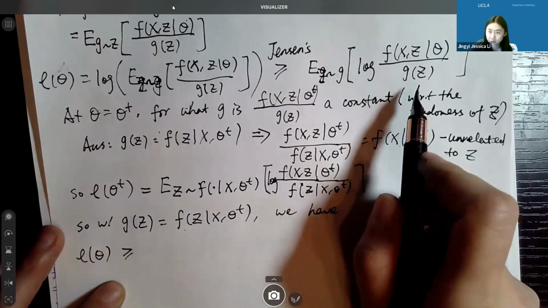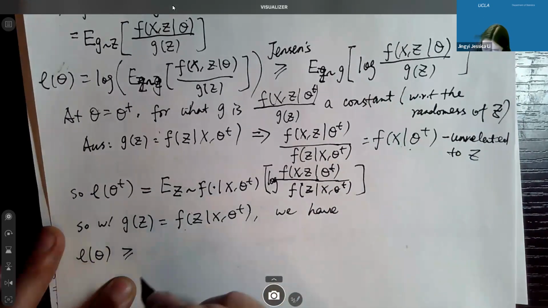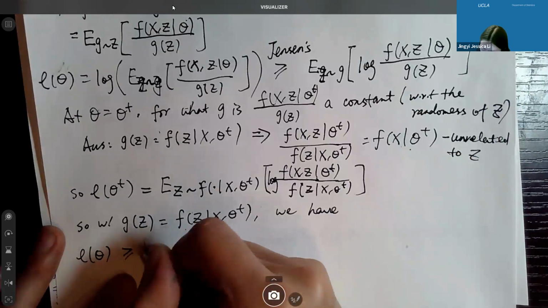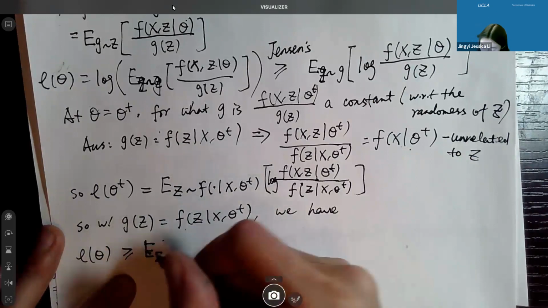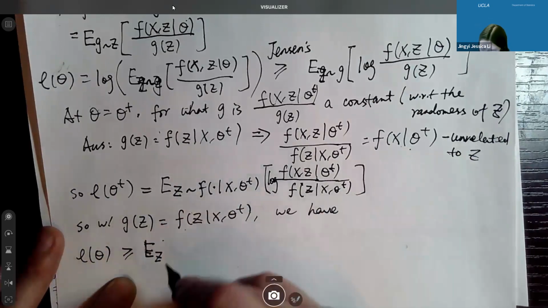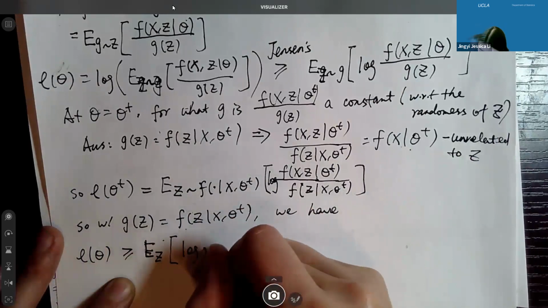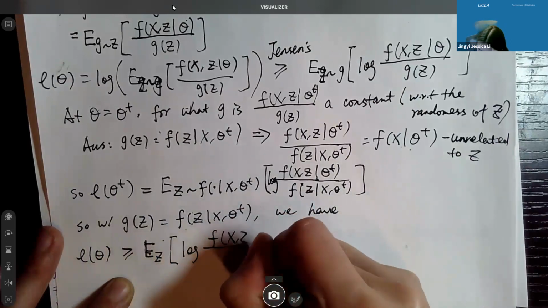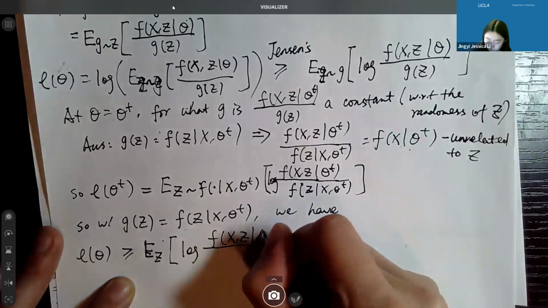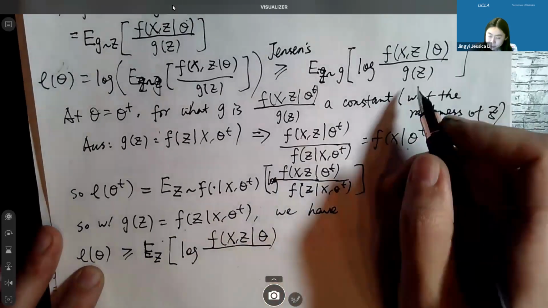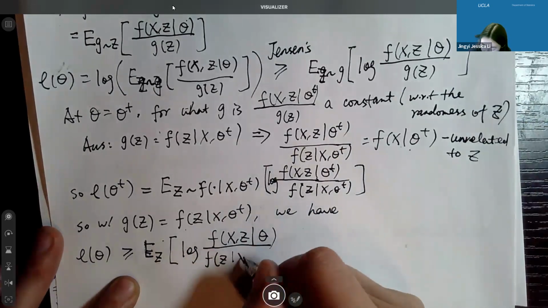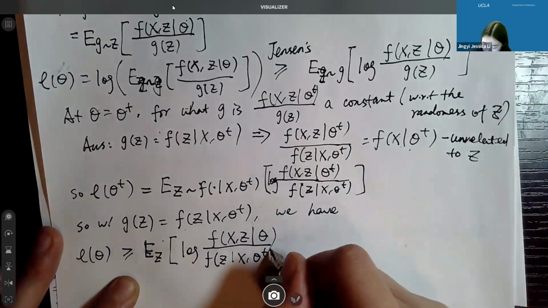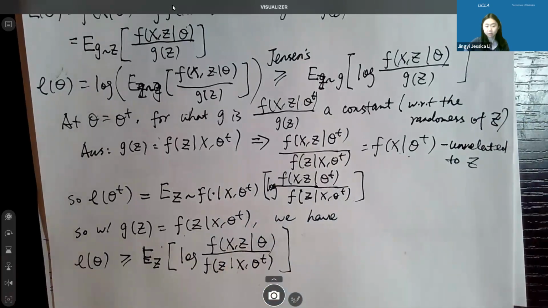The lower bound here we want to maximize is just the expectation of, still it's about expectation of z, following this, of log f(x,z). And here it's still theta, because here we're talking about general theta, but g(z) is going to be put down here. And in the g(z), theta t is used. Okay, so that's our right-hand side.